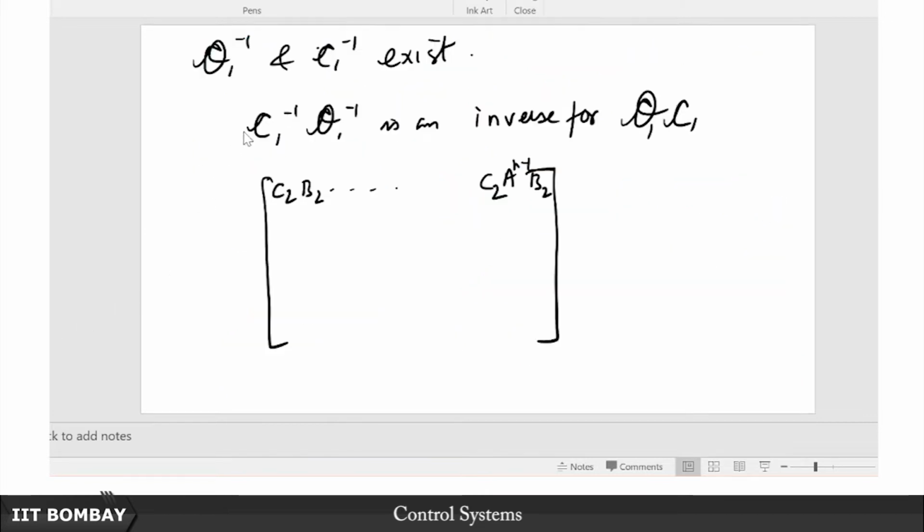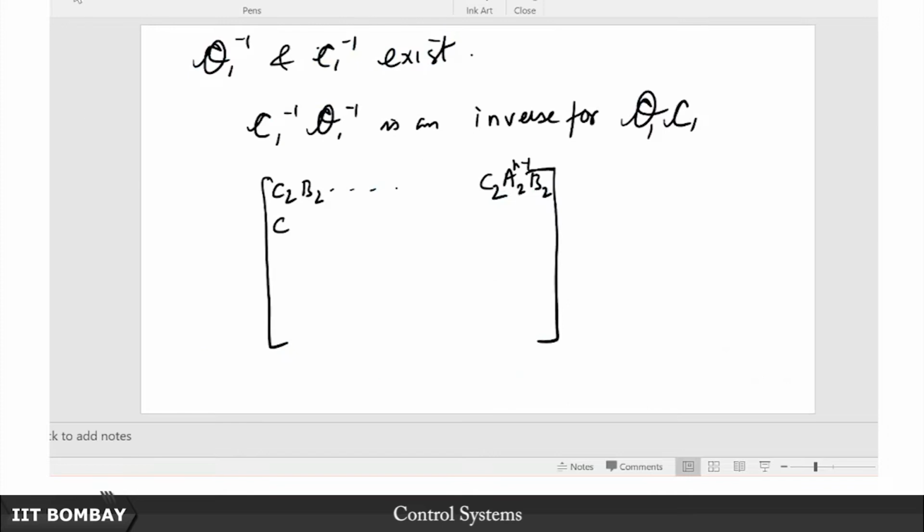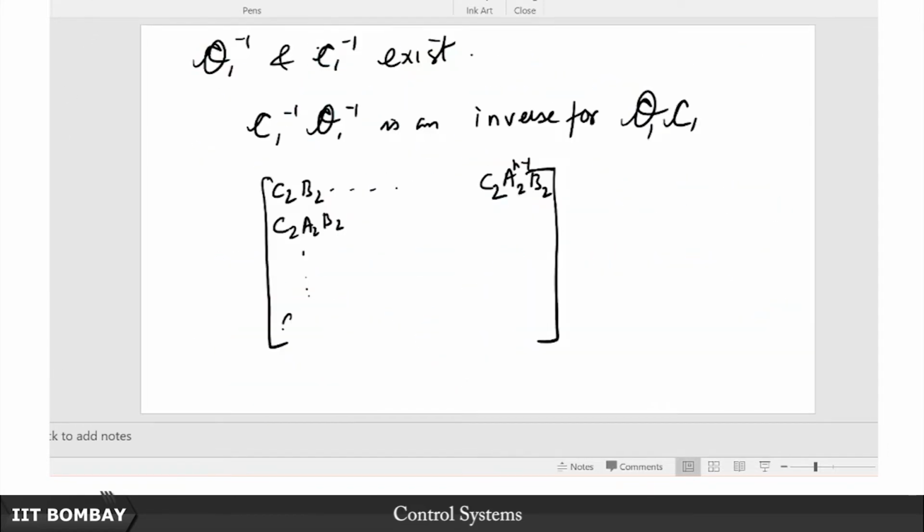So therefore, even though the size of this C2, B2, A2 is like n bar cross n bar, we can still say that I can raise this A to any power. The A2 might be of size n bar, but I can still raise it to the power n minus 1. So therefore, I am just going to replace this using this result here. So this is going to be C2 A2 B2. Likewise, C2 A2 to the power n minus 1 B2. Likewise, still C2 A2 to the power 2n minus 2 B2.